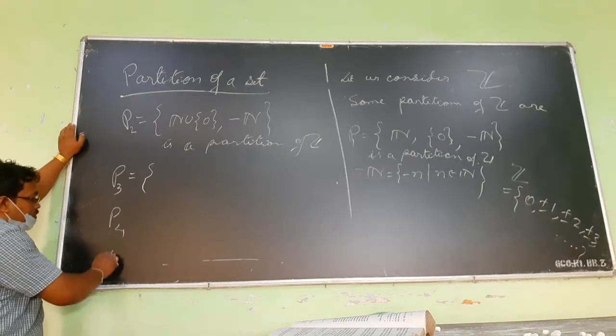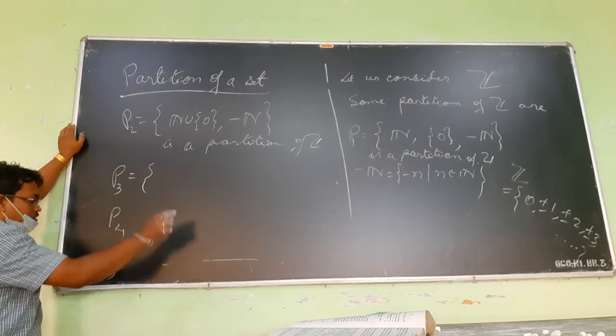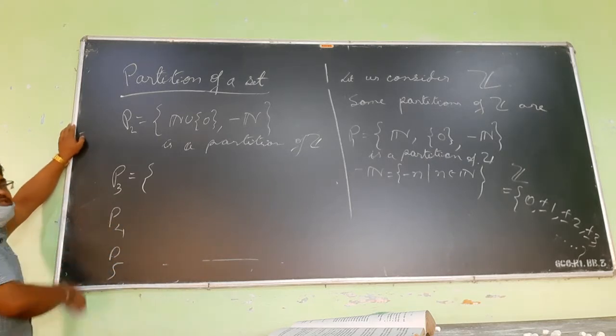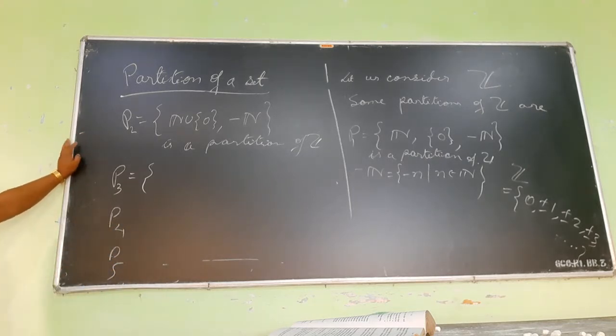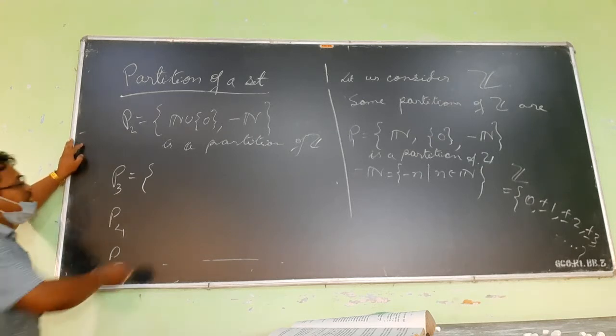T3, T4, T5, lots of infinitely many partitions you can make. Try it. Set of even numbers, or set of odd numbers. Yes, this is another one.